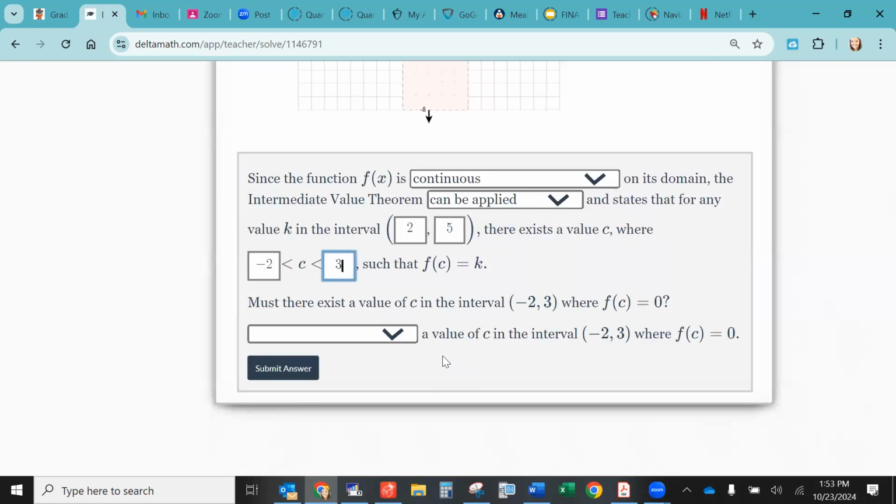No. So you're going to come right here and say, there may not exist. Remember, IVT never tells you it doesn't happen. It just says maybe, maybe not. Or it could say yes for sure, but it'll never tell you there's definitely not. Does that make sense? Okay.